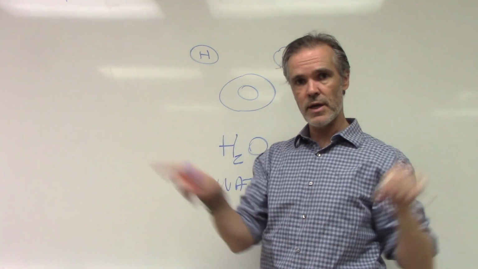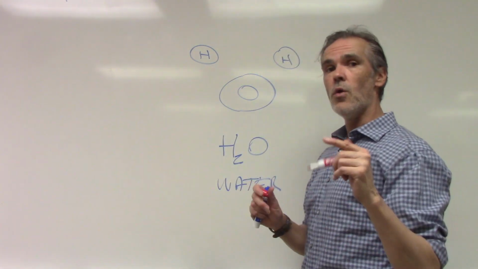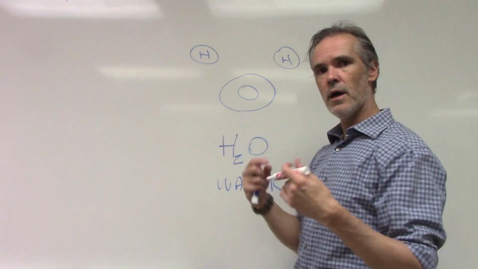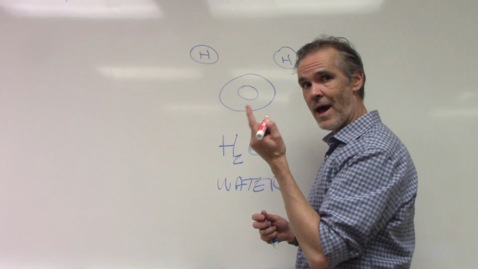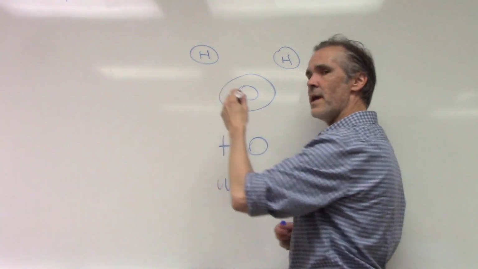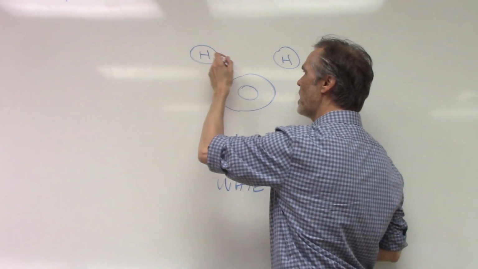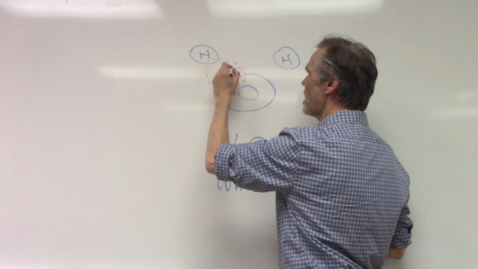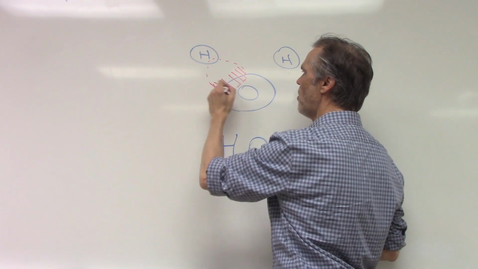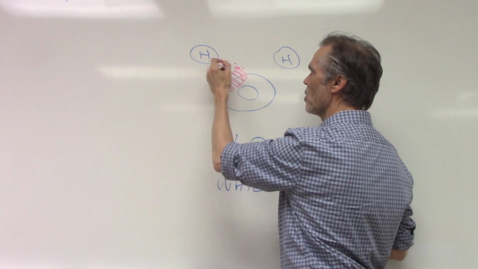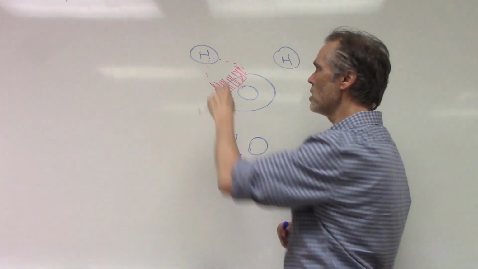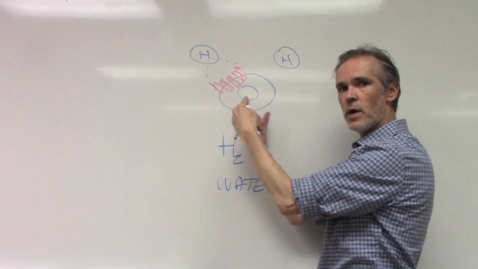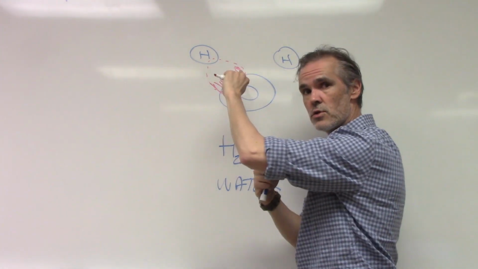Remember, there's 1 shell and the second one that has 8 around it, right? So the oxygen has more affinity for the electron than the hydrogen has, right? So if I draw an area in which we would find the electron, like this, at any given time, you see that the electron will spend more time closer to the oxygen than it will to the hydrogen, right? So the electron is attracted more to the oxygen than it is to the hydrogen.